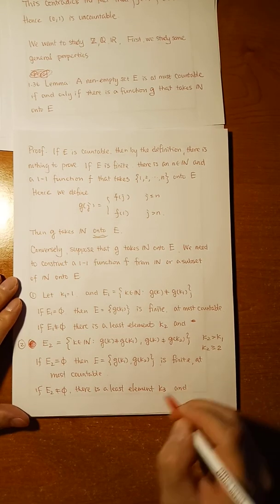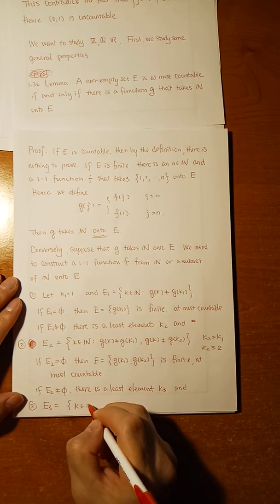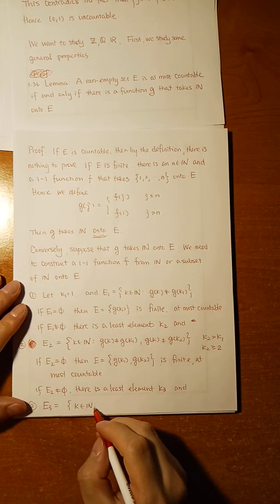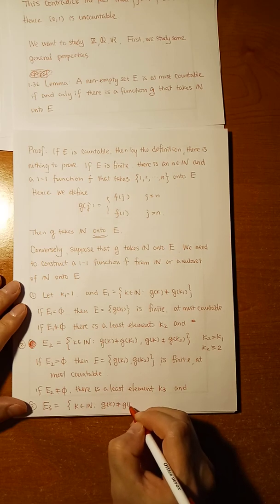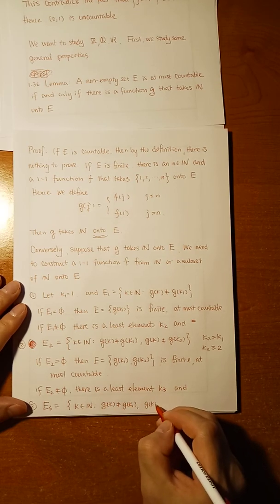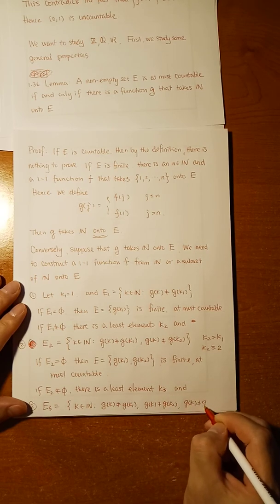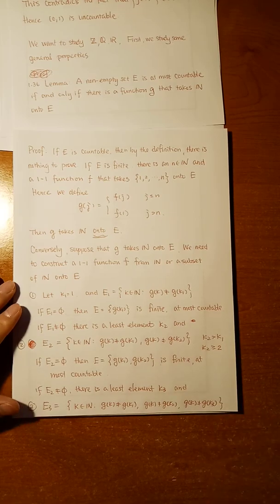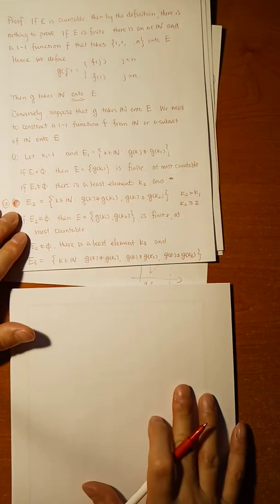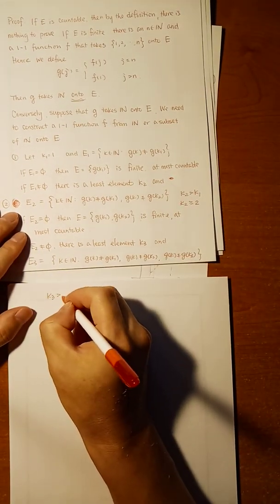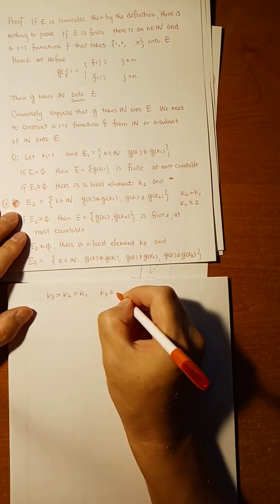K3 is in E2, and E3 is the set of K in natural numbers such that G(K) is not equal to G(K1), G(K2), and G(K3). Also we have K3 greater than K2, greater than K1, and K3 is greater than or equal to 3.